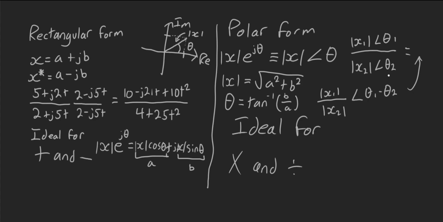So what you essentially do here is divide the magnitudes and subtract the angles in this way. And to multiply the two, it would be like this. You would multiply the two magnitudes, and this time you add the two angles together. So that now covers rectangular and polar form. So now you know how to use rectangular and polar form.